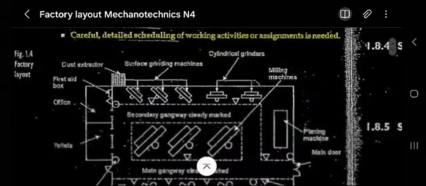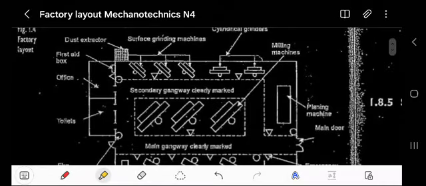Factory layout: when you're considering a factory, you must have a dust extractor. Things you'll need: first aid box, office, toilets; all these things you must take into account.